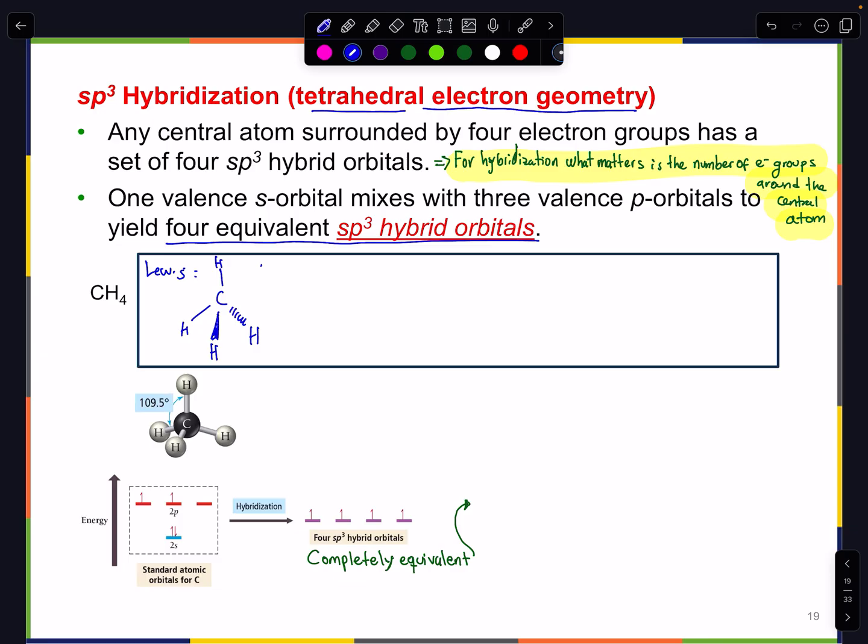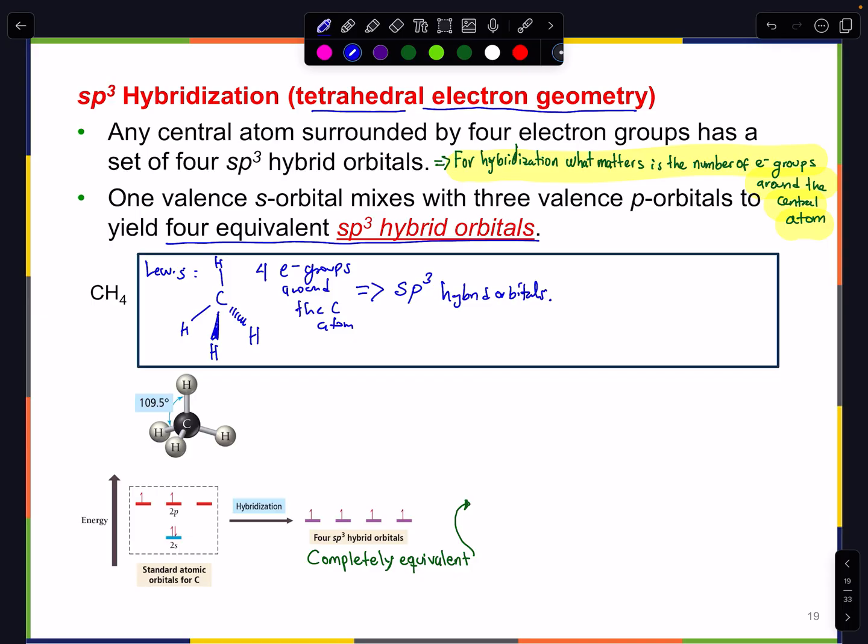You can see here that around the central atom there are four electron groups around the carbon atom, right? That means that since we had four electron groups around that carbon atom, the corresponding hybrid orbitals are going to be sp3 hybrid orbitals, right? Zero lone pairs, all those four electron groups are bonding groups, right?